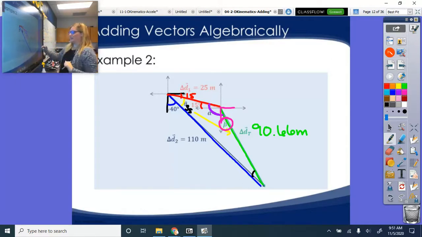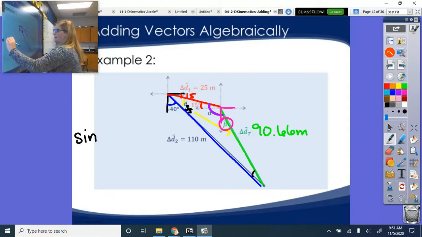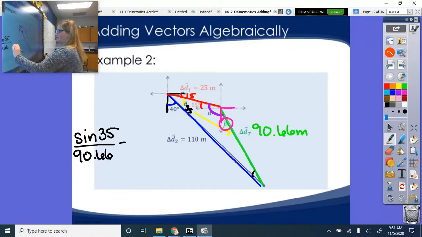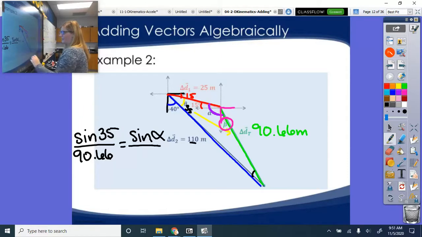I'm going to set up my 35 degrees that I already know goes with my resultant vector. So sine of 35 divided by 90.66 is going to equal the sine of my alpha divided by the side length opposite it, so 110.